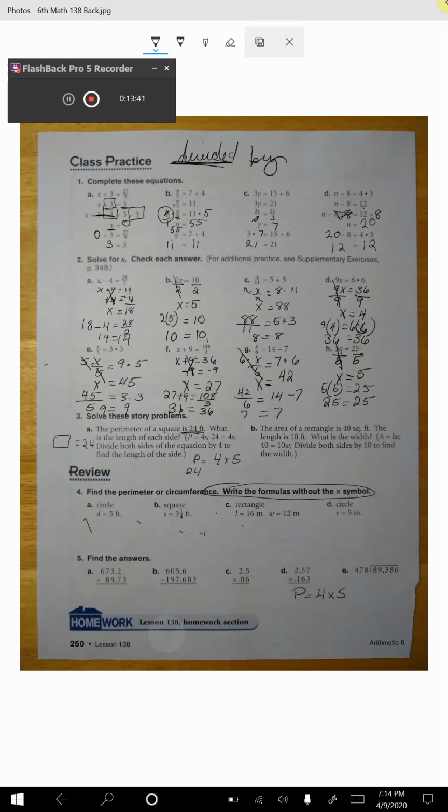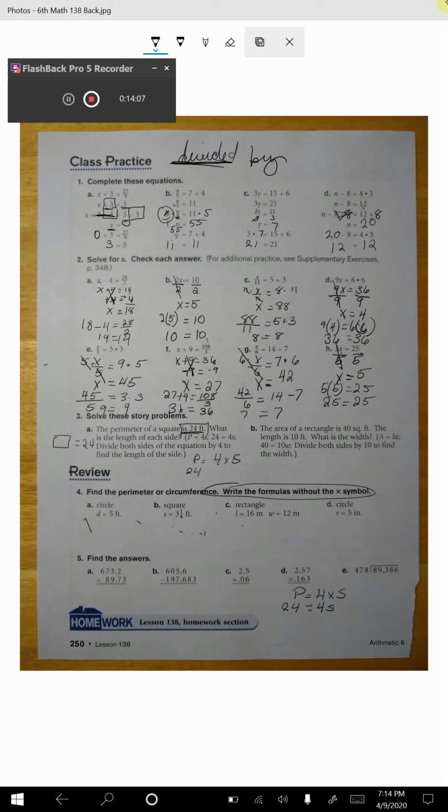They gave me the perimeter, which is 24 feet. So write 24 right there. And that will equal 4 times s. Or let's write that without the times sign because we're doing some algebra here. We're just going to write 4s. S is just like x.